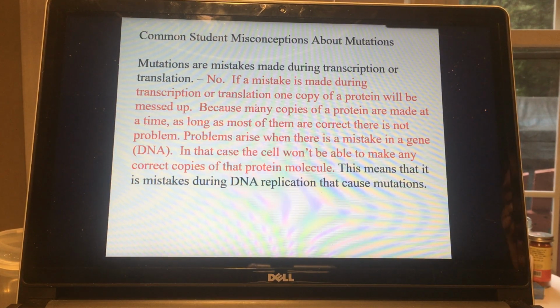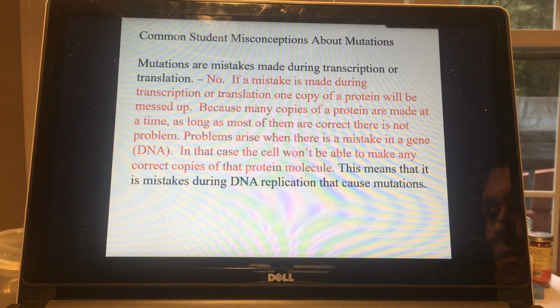The deal is that there are definitely mistakes made sometimes during transcription or translation, but when a cell is making protein, it's not making one copy of a protein. If a beta pancreatic cell is making insulin, it's making probably thousands of insulin molecules. So if you have a mistake in transcription or translation, that would mean one of those insulin molecules would be all messed up. But if the rest of them are fine, you're still going to have plenty of insulin in the body.